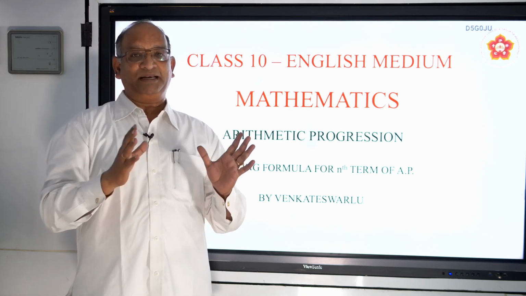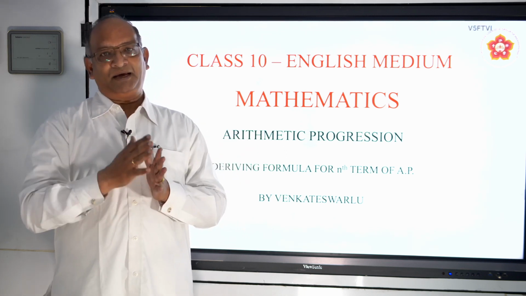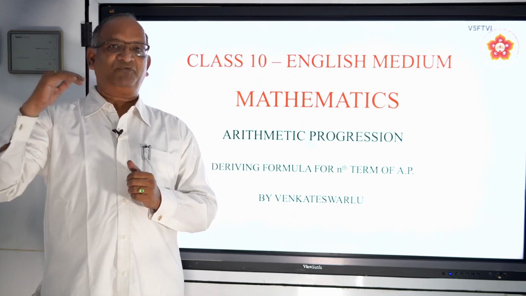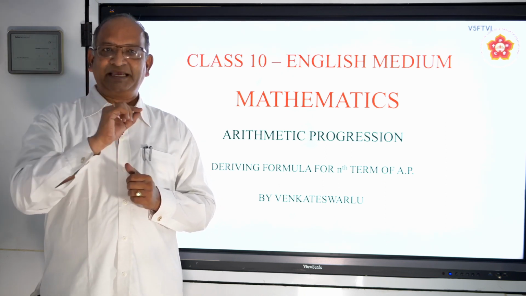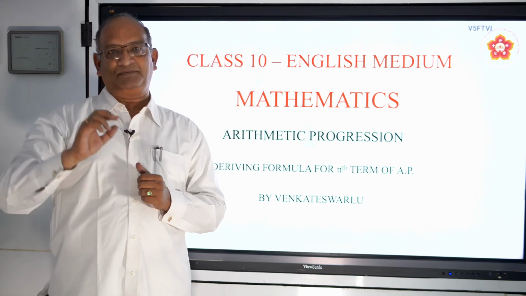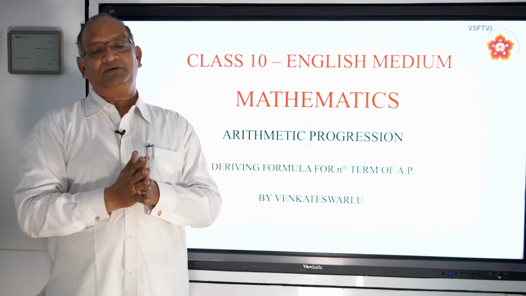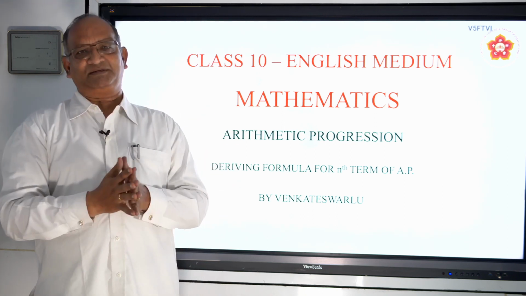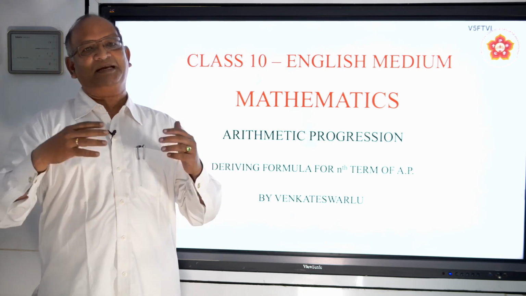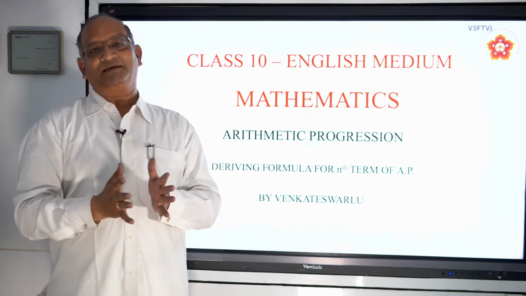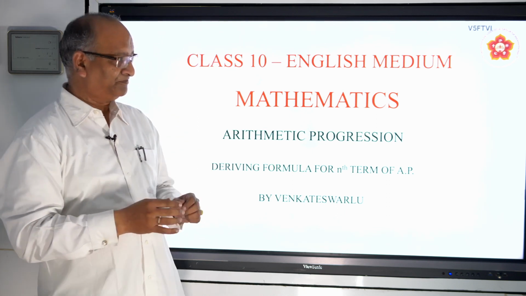But suppose the numbers are big and we do not know the other terms, and you have to find the 100th term or 200th term. You cannot keep writing the terms till that. So we have a way by which we can find out any term of the sequence. You can find the 10th term, the 6th term, the 12th term, that is up to what you need. So let us see how it is done.